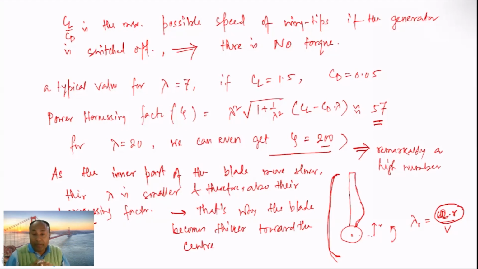So this is how you can see this power harnessing factor, tip speed ratio, and at the end of the day, the production of power from a particular blade. From the perspective of design, you can immediately see why the blade shape in a wind turbine looks like that.